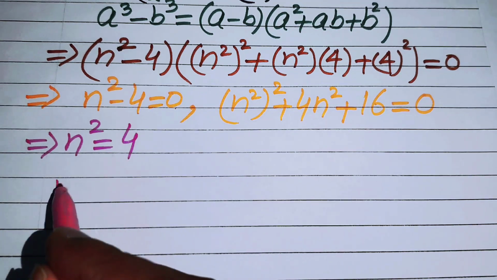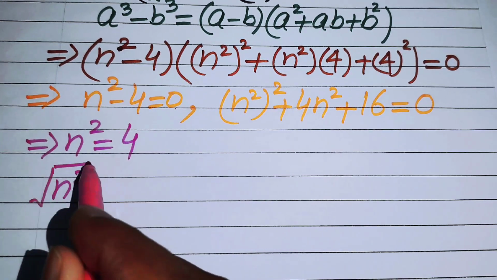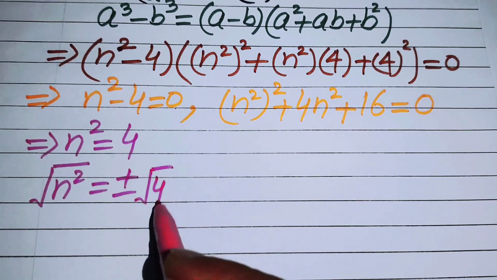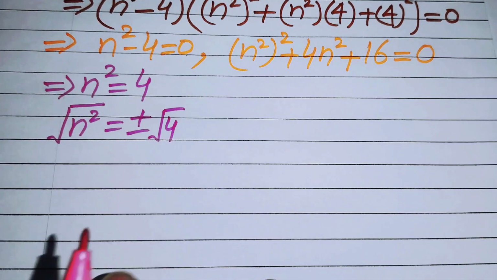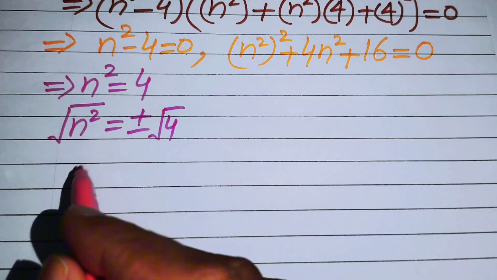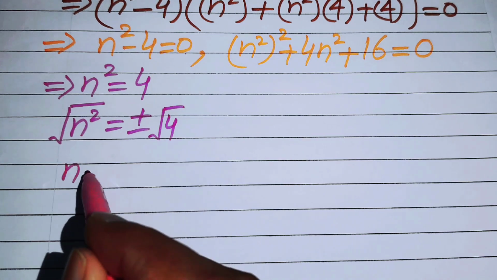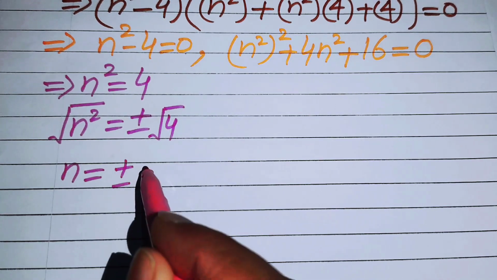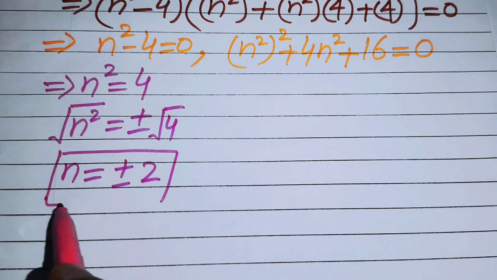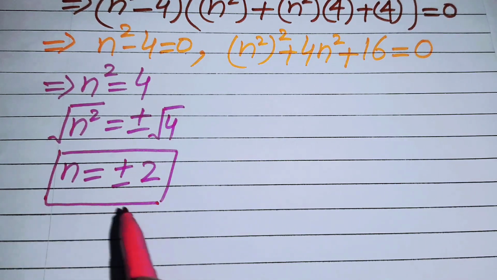Here you take the square root on both sides, and we get the two roots of this equation, and these roots are n equals plus minus 2. So these are the first two real roots of the given equation.